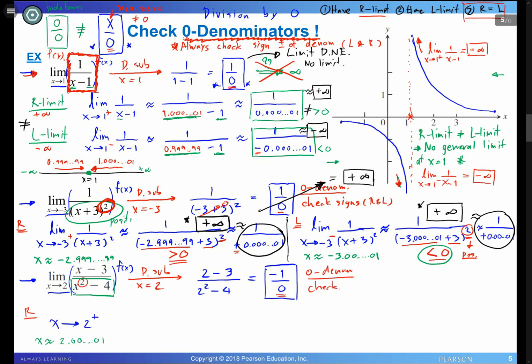And now I'm going to check the denominator, x squared minus 4. So what we have right here is 2.0001 squared minus 4. From this you can see that the front term is larger than 2, which means that if you square this, it's going to be larger than 4, which means that this whole term right here is going to be positive.